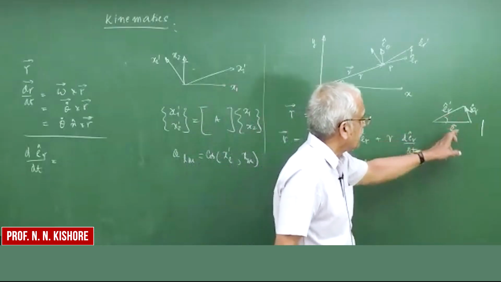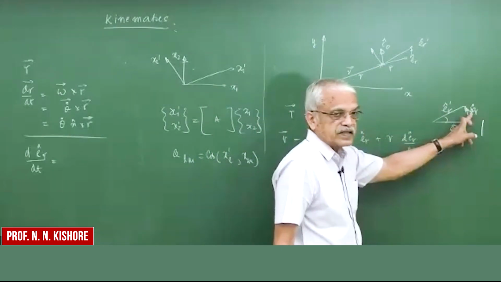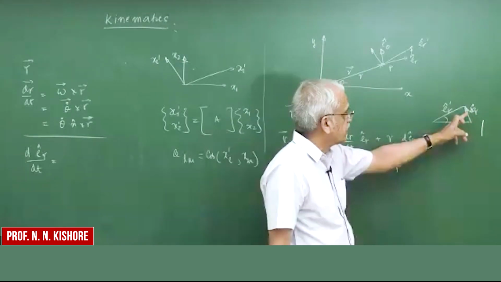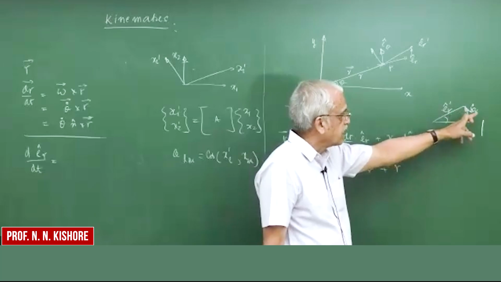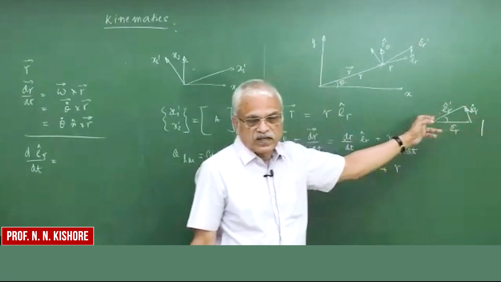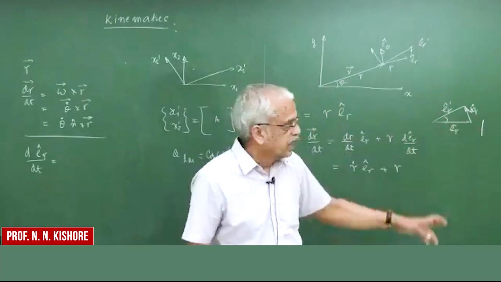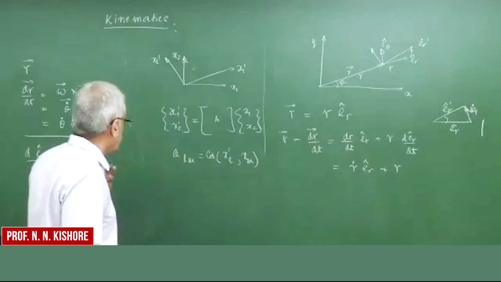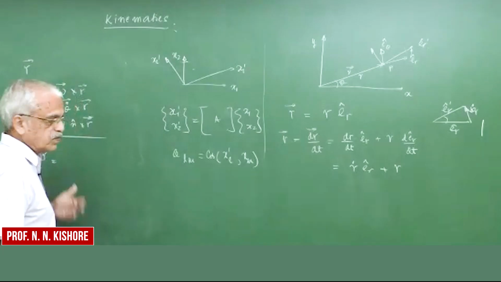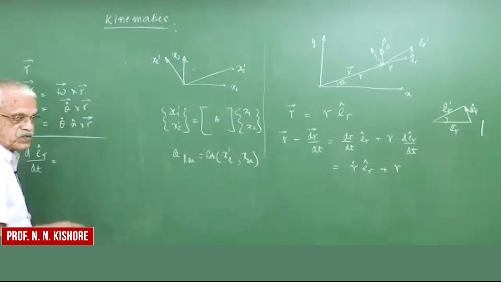Last time we did, if er changes to er prime, this is delta er. The magnitude of this one is nothing but delta theta times 1. And then if you take a time derivative, it becomes theta dot. And its direction is e theta. That's exactly what I'm trying to get here also. So you should be conversant with this procedure.